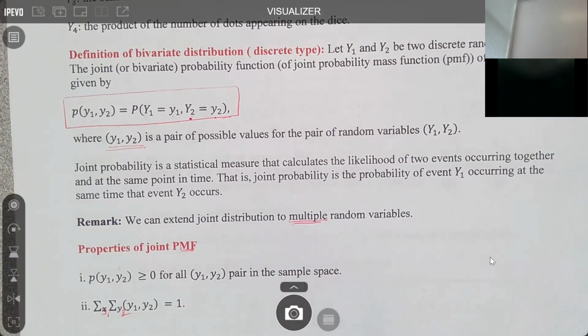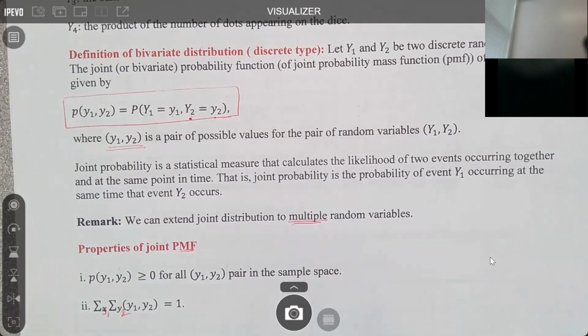If it is a continuous random variable, we say density function. Remember those small terms.